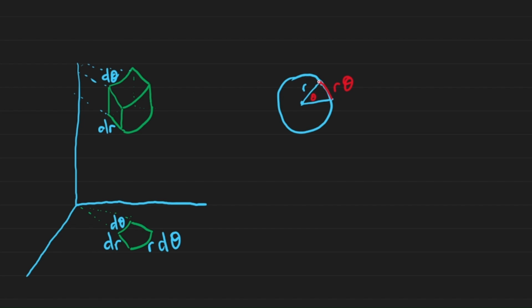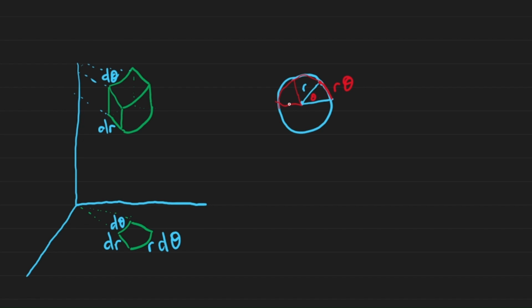If we extend this arc some more, then we can see that this angle is now 2 radians. And if we extend it even more, then it's just about 3 radians, or exactly 3.14 radians. So that's why we say that this half circle is pi radians, or 3.14 radians.